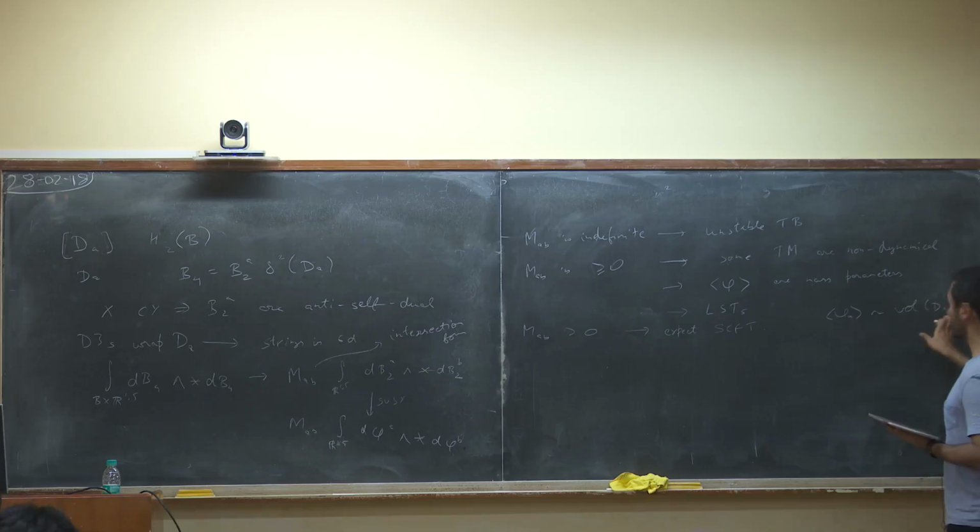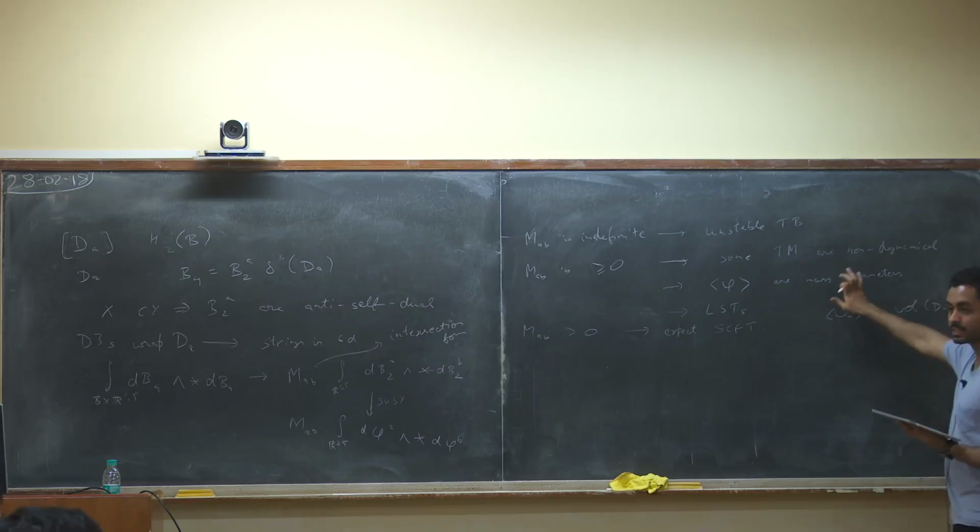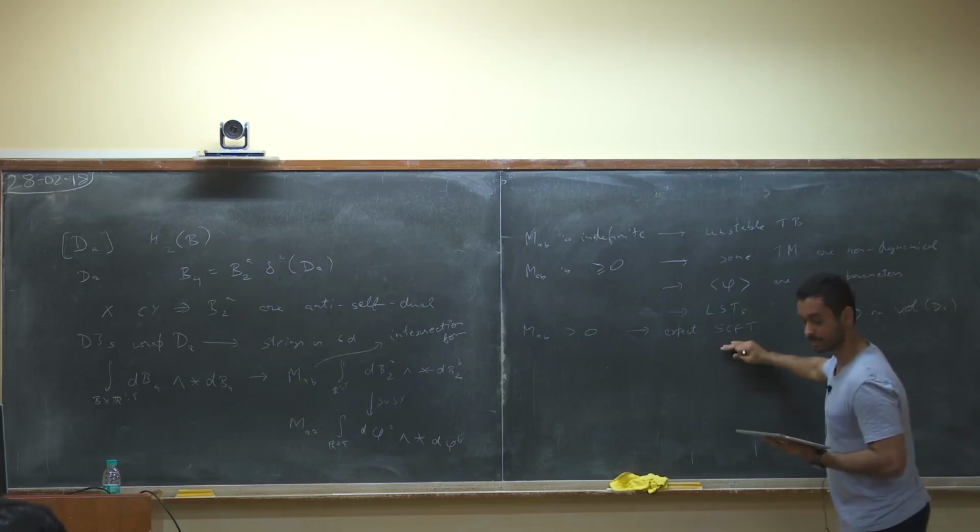So the weights are the volumes of the cycles, and if you want to simultaneously take all of them to 0, you want all of the 2-cycles in a manifold to simultaneously contract to 0, and this should happen at a finite distance in the moduli space of Calabi-Yau. Then you have an SCFT.